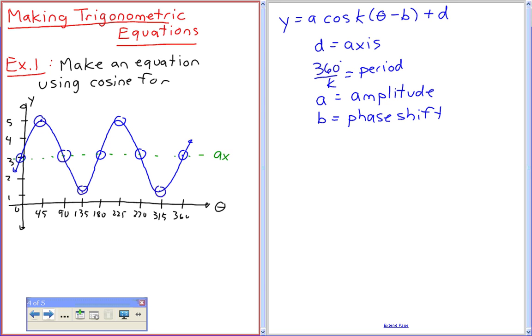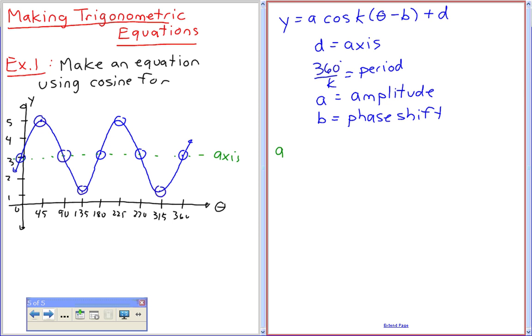But the equation for axis is going to be max plus min over 2. Just to use that, the highest point was 5 and the lowest point is 1, divided by 2. If you can see it, that's fine. If you can't, that's the calculation.